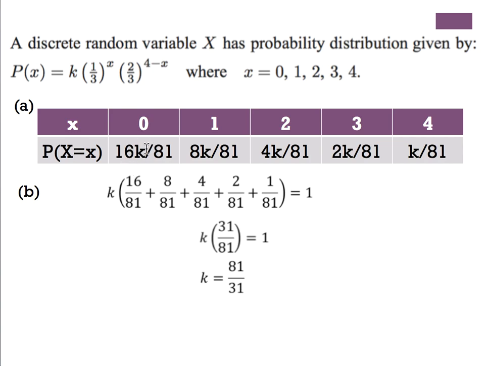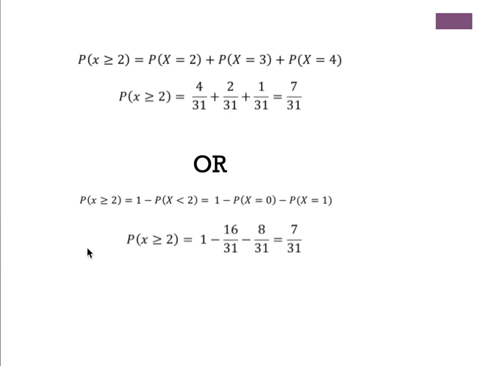So for you to find out the specific probabilities, plug in the k, 81 over 31, to the k in each probability. All right, and that will help us to answer the next question, and that is, what is the probability of x is more than or equal to 2? And you can get this by getting the sum of the probability of x equals 2 plus probability of x equals 3 plus probability of x equals 4, and you will get 7 over 31.